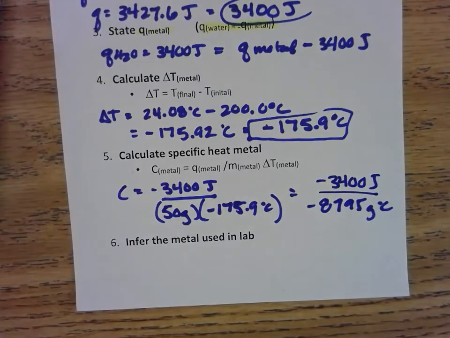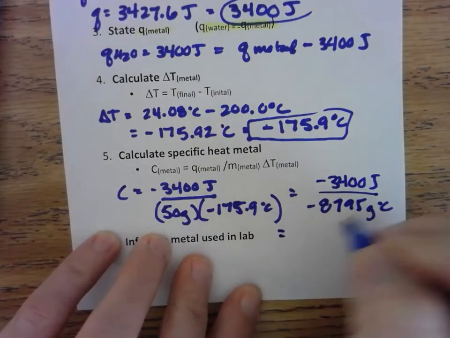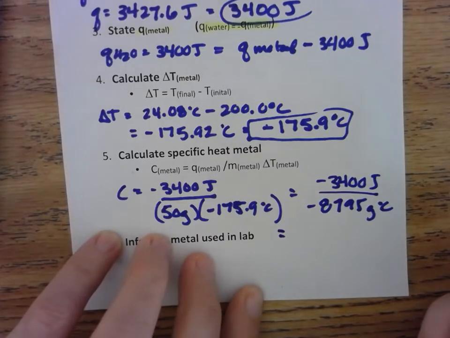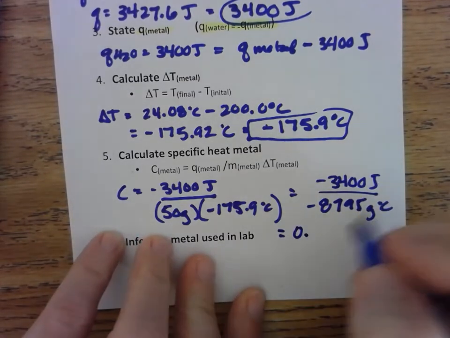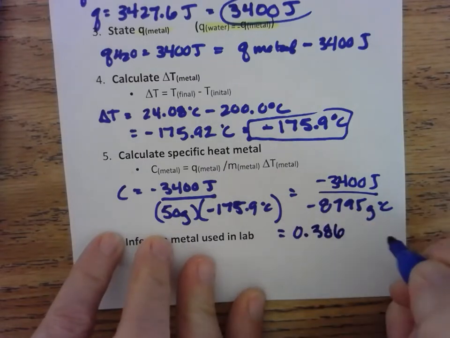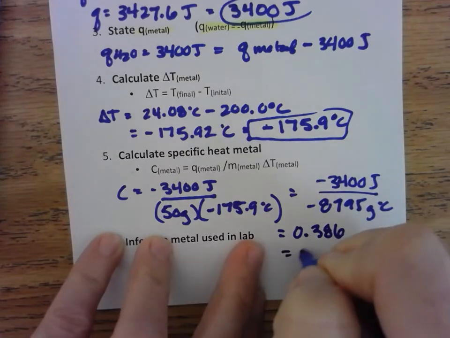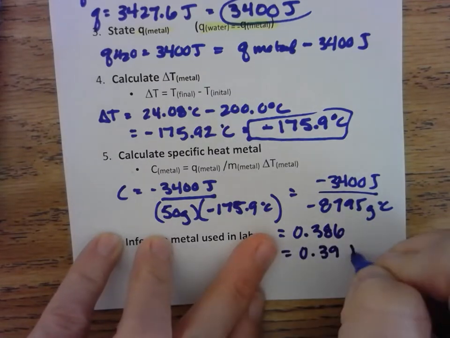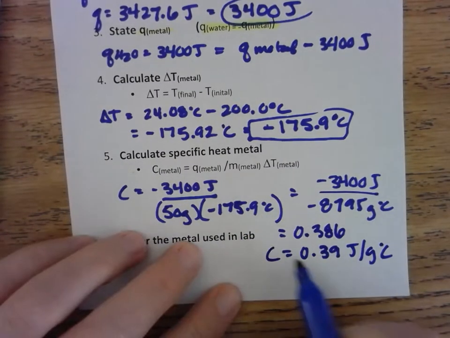So I get, looks like I can have 2 sig figs. Again, I'm going to have to go back and check for you. And it's 0.386. Right. So there is my specific heat.